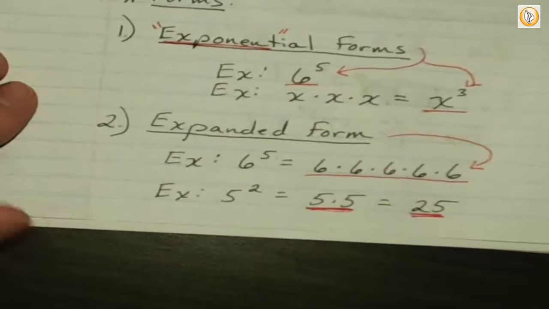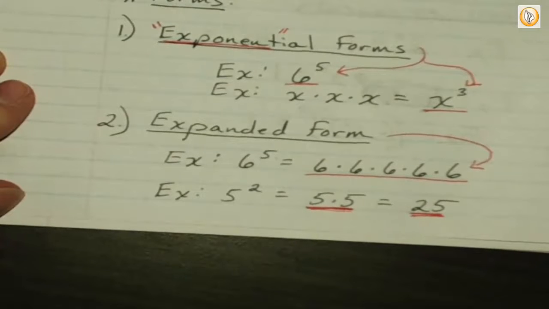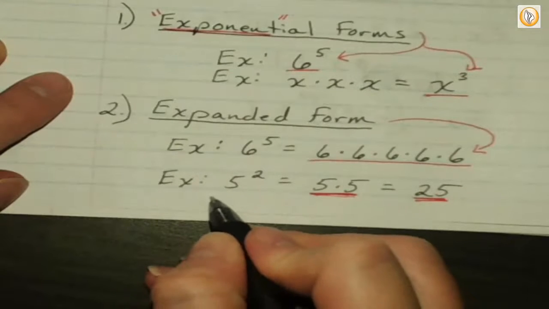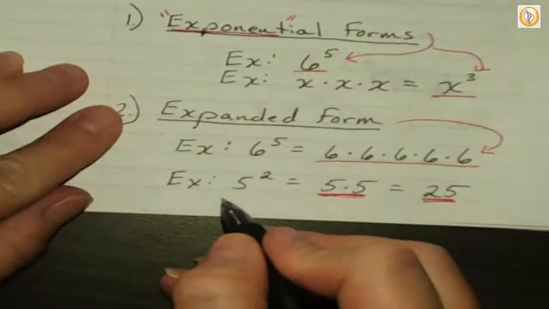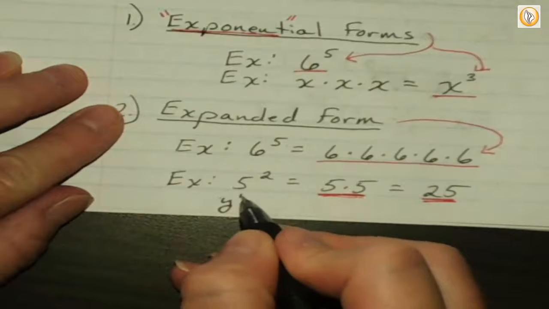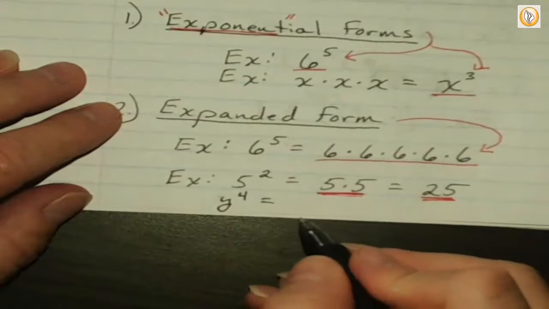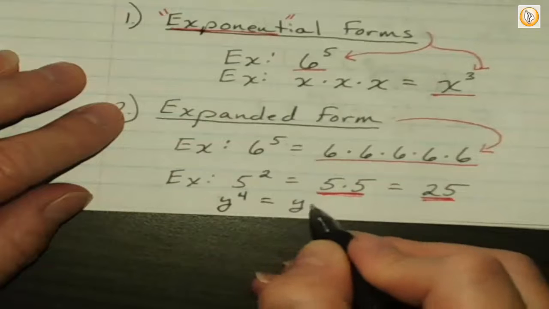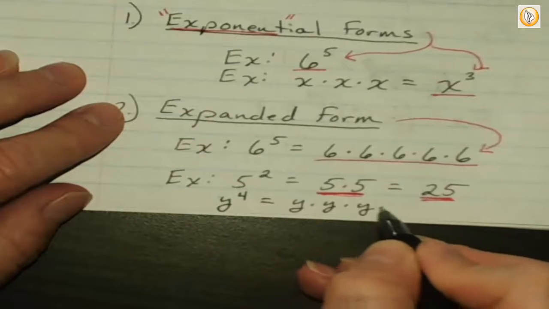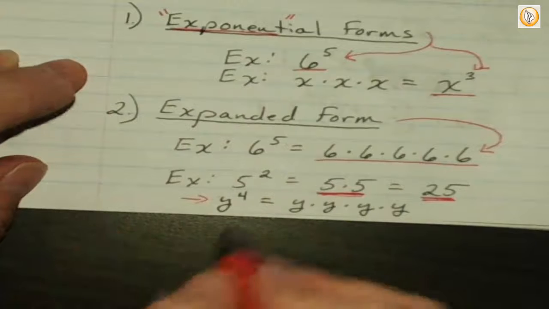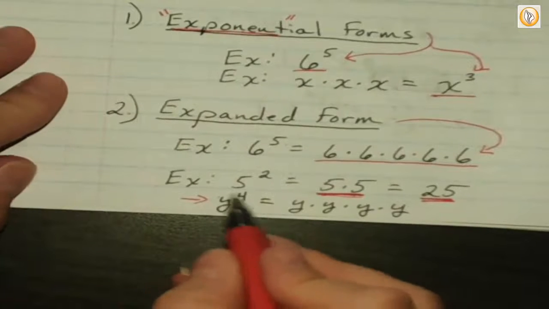Any questions so far? No. What if I have, I'll squeeze this in here, y to the 4th power? What would that be, Madeline? It would be y times y times y times y. That's right. What form is this called?